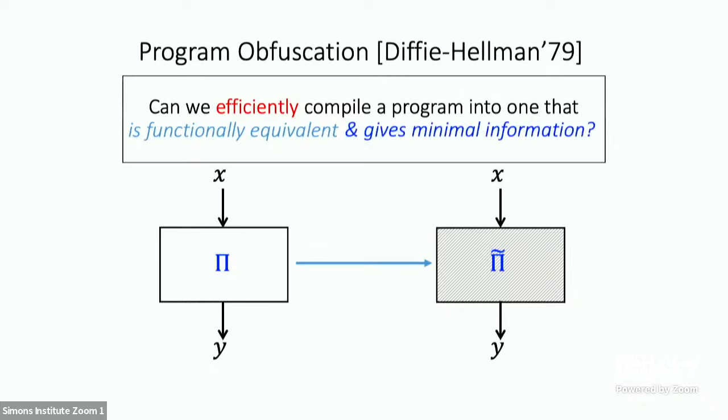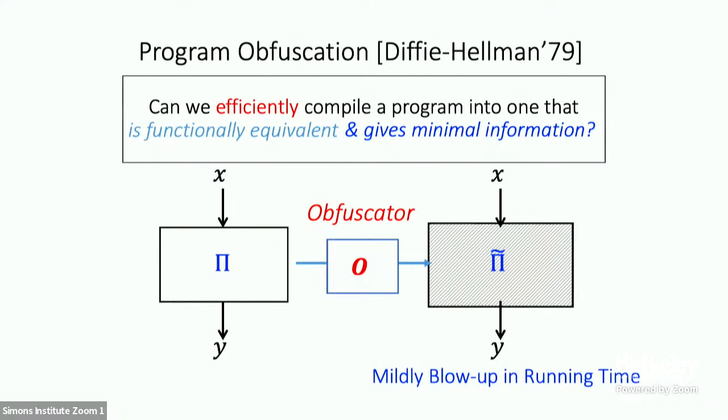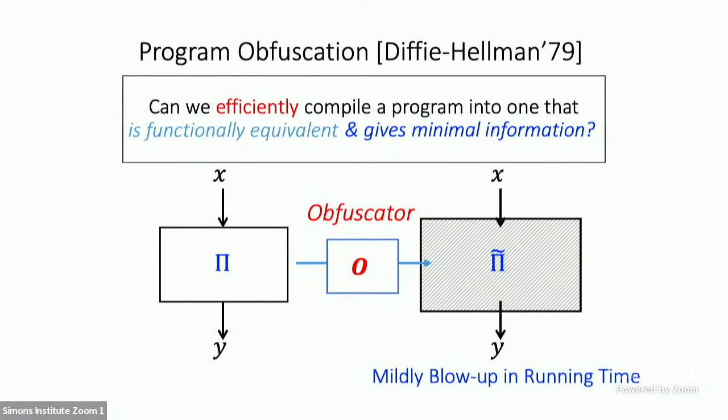It is really this compilation that we're looking after, and we call it an obfuscator. And of course, we're computer scientists. We want the obfuscator to be efficient, and we want it to produce an obfuscated program that is not too much slower than the original one, as efficient as the original one.